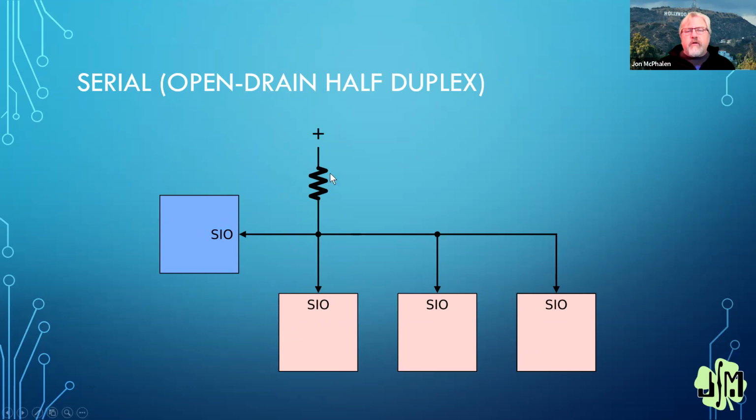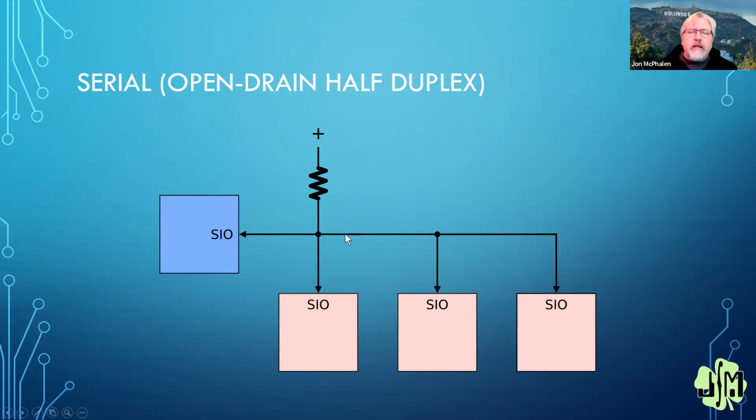But in this case, we're using a pull-up on the line to create the high voltage level instead of using a driven condition, because imagine if this device was writing a 1, outputting 3.3 volts through its output driver, and then this guy put out ground through its output driver. You'd have a short circuit.